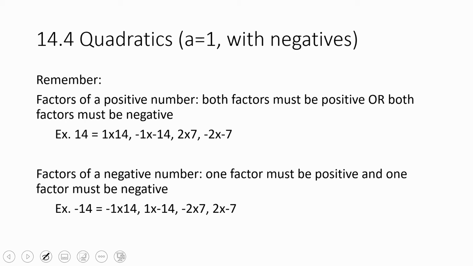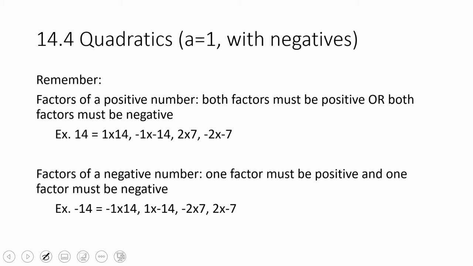So what you need to remember before we do this is that if you are finding the factors of a positive number, then both of the factors must be positive or both of the factors must be negative, right? We know that when you multiply two numbers that have the same sign, the answer is always positive.